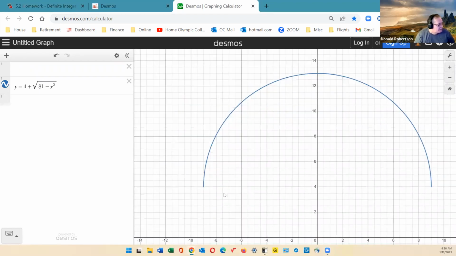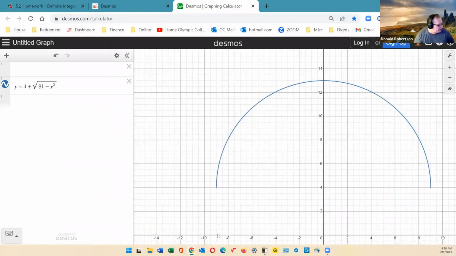There we go. Can you see it's basically half a circle, and that it starts at -9 and it finishes at +9. But we are only interested in the integral from this side to here. So this is the piece that I want to find the area under the curve. So now I've got that, I'm going to do a little primitive version of it on paper.